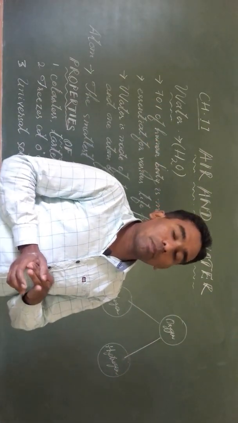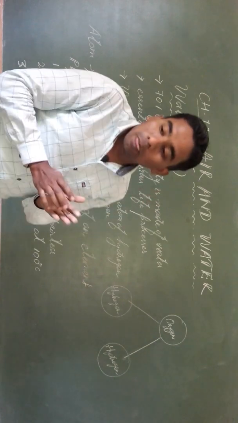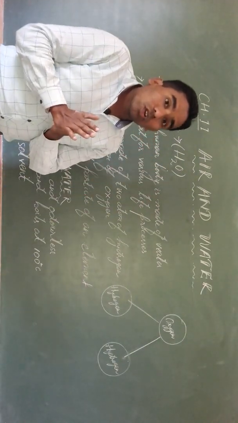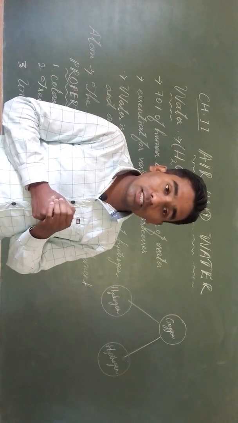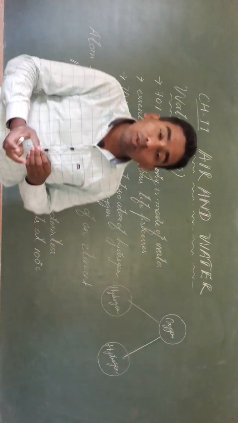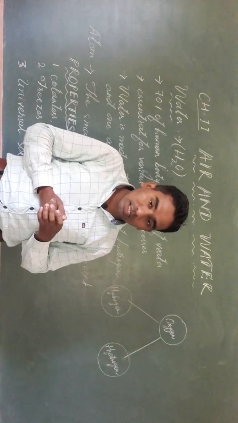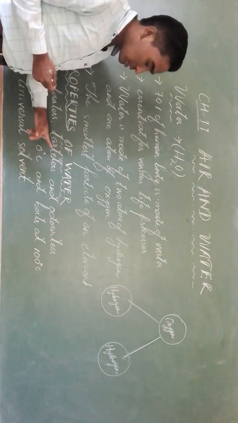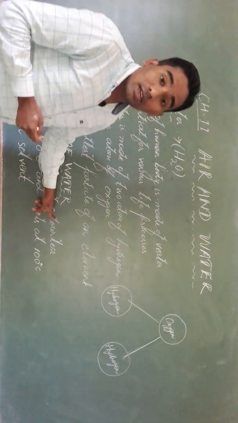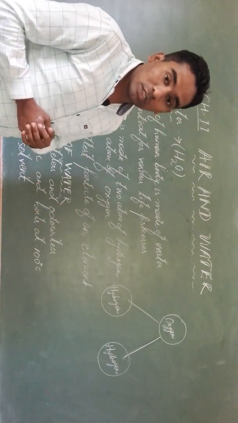What are the different properties of water? Water is colorless. We cannot define the color of water. It is tasteless. When we want to taste, it is tasteless, and also it is odorless. Colorless, tasteless and odorless. This is one of the properties of water.